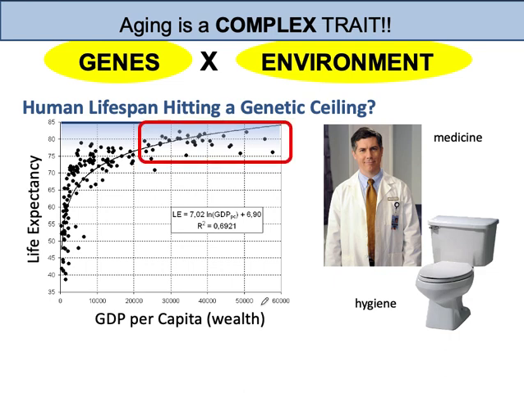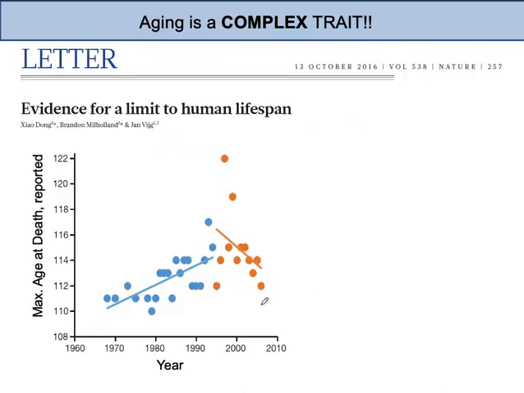And so there's some really interesting data that's been suggested to provide evidence for a limit or a constraint on human lifespan. This is from a study published in Nature in 2016. This image shows the maximum age at death on the y-axis over time.